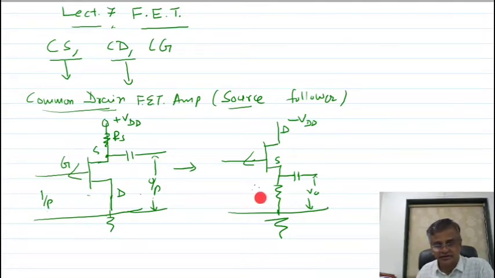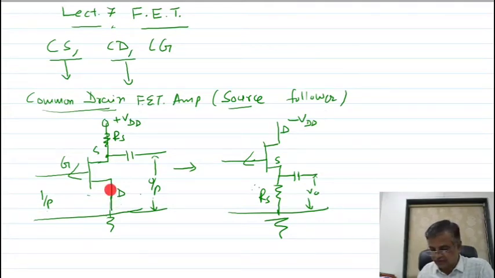So remember, whenever you take the output from the source resistor, meaning the resistor connected at the source terminal, then it is called a common drain amplifier or a source follower.